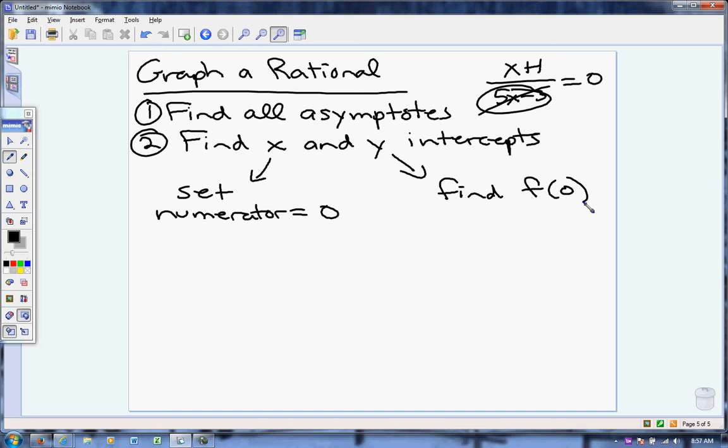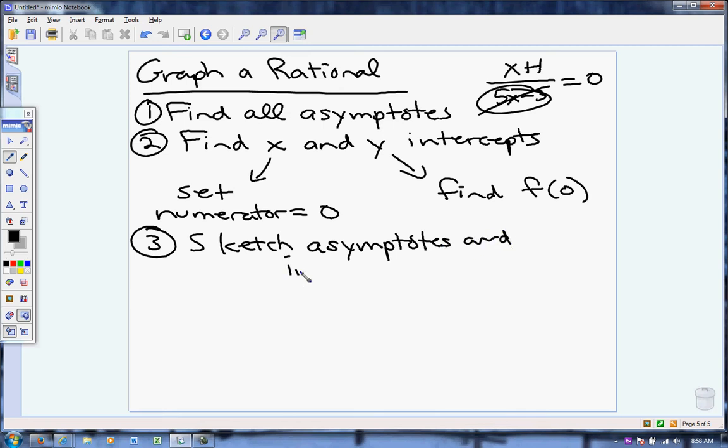So, the next thing we should probably do is sketch my asymptotes and intercepts. And one more thing.